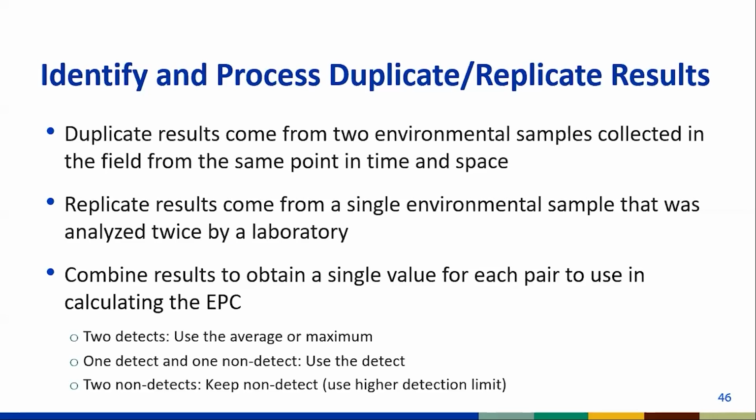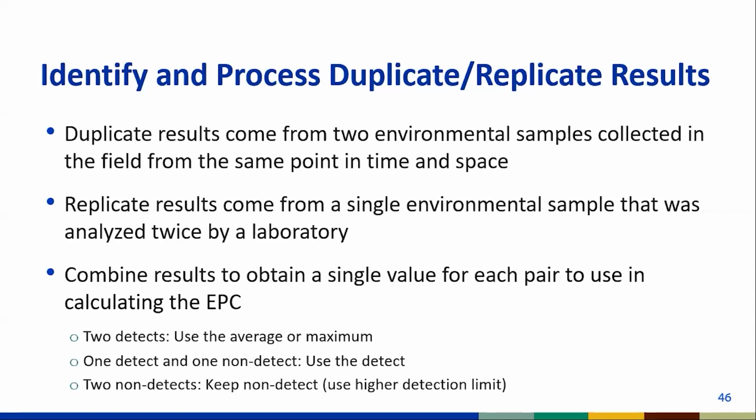Here are some general guidelines to follow in selecting the appropriate concentration. For duplicate and replicate samples with two different detected values, ATSDR recommends using the average or maximum concentration. When the detected results are similar, ATSDR recommends using the average of the two samples. When the detected results are sufficiently different based on your professional judgment, ATSDR recommends choosing the higher value to be more health protective.